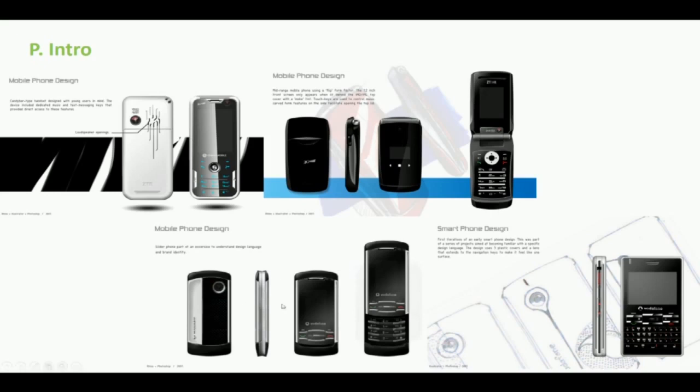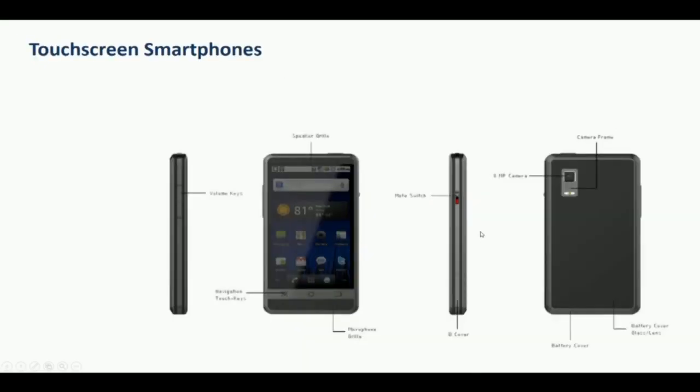Then we were designing slider phones. Then we started to design the first range of smartphones, like BlackBerry type of phones. And eventually we ended up designing the last generation of smartphones.